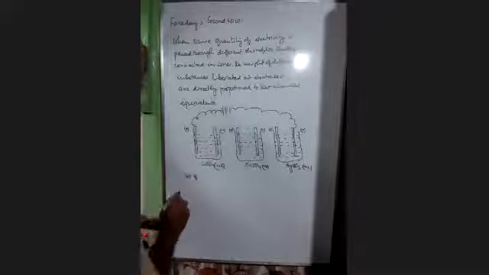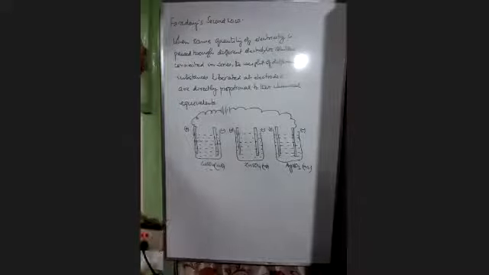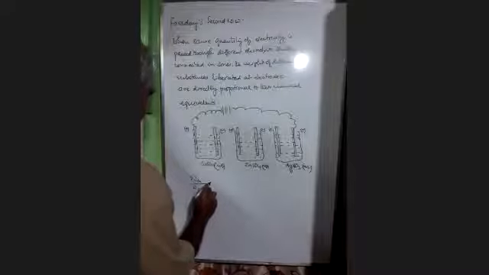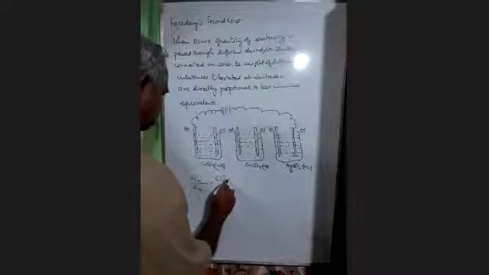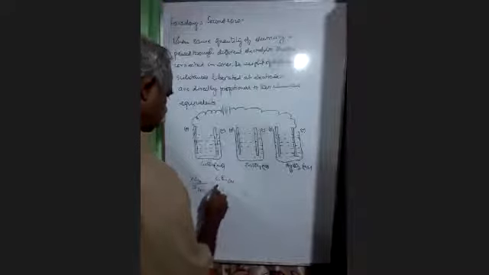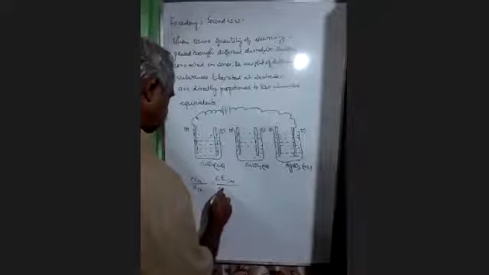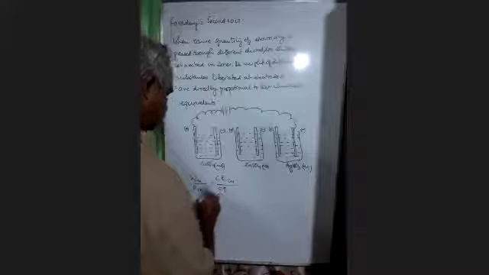I'll write it in short form: W_Cu by W_Zn is equal to the chemical equivalent of Cu by the chemical equivalent of Zn.